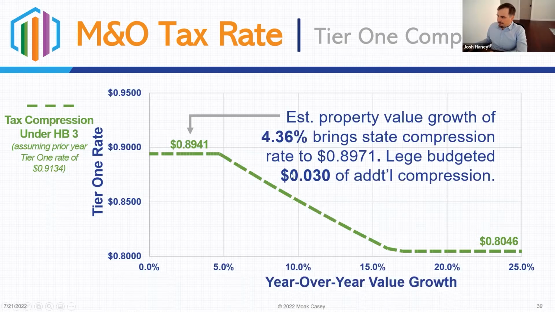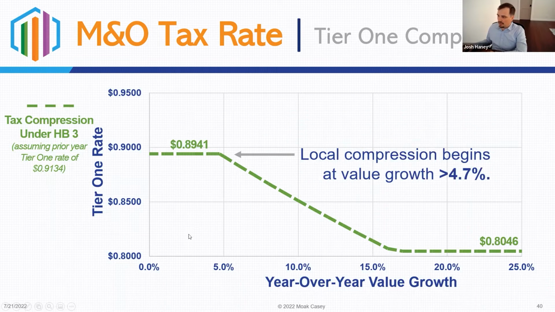Now for this year, we know that the controller has estimated 4.36% value growth. That's brought that compression rate down to 89.71. But again, because of the 90% floor, we're tacking on an additional 0.03. So the cap is going to be 89.41 this year. You cannot have an MCR higher than 89.41. And because this cap changed, that 90% floor changed. Same kind of dynamics here.